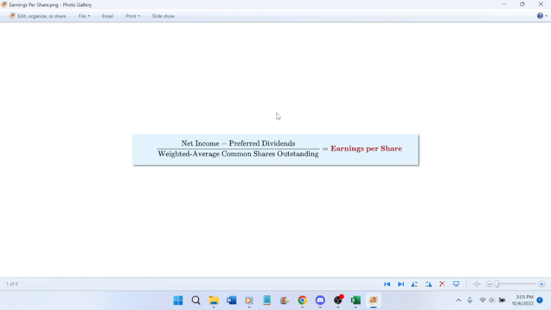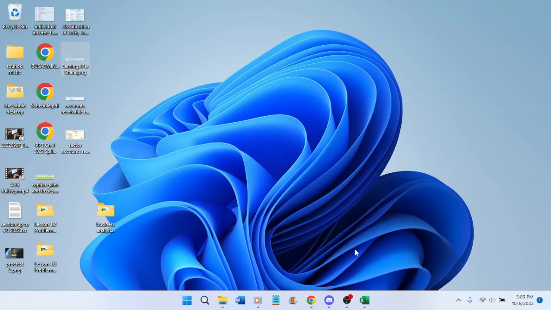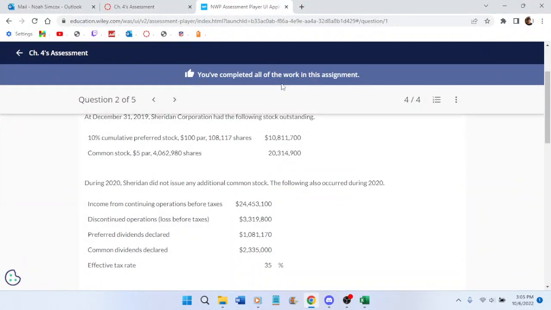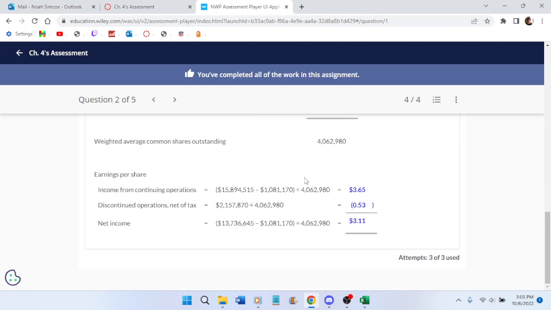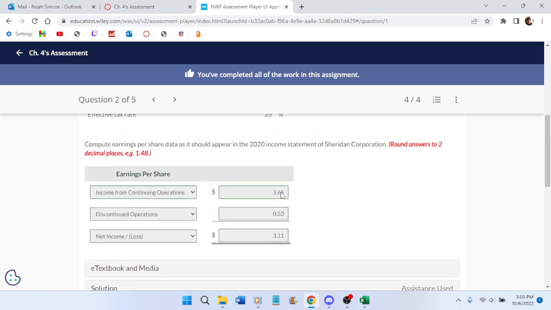Preferred dividends. Is it the number of dividends? It literally doesn't even say in the equation. What the heck? See, look, I screwed myself. Okay, it says subtract $1 million, blah, blah, blah.